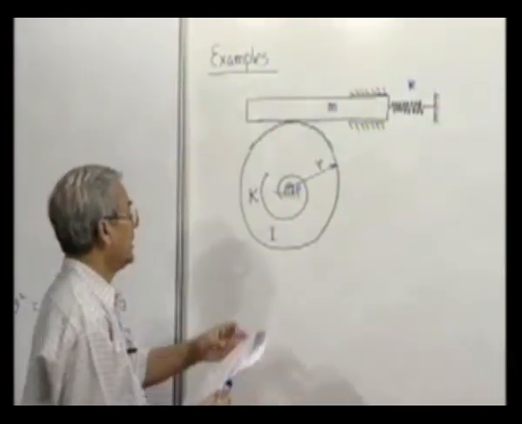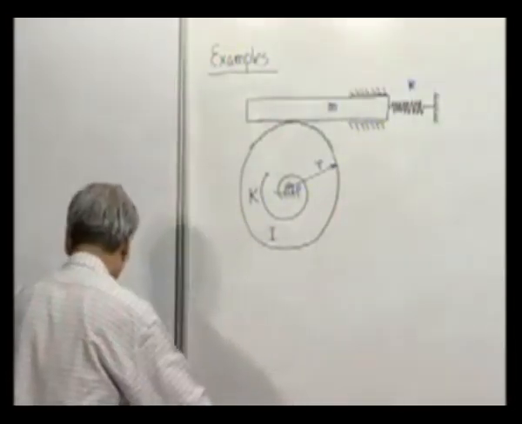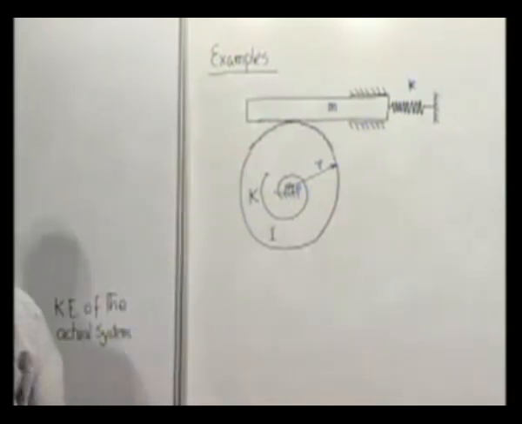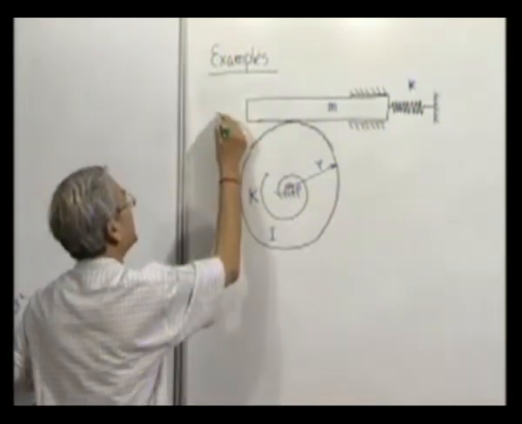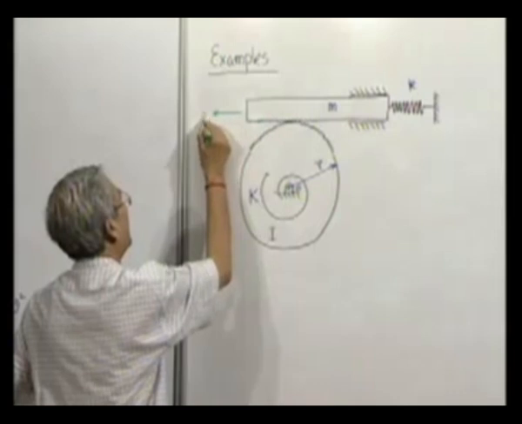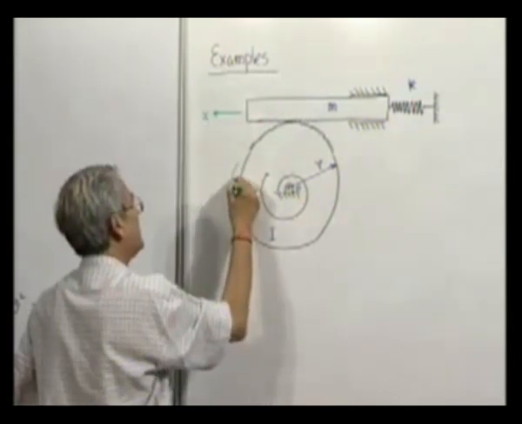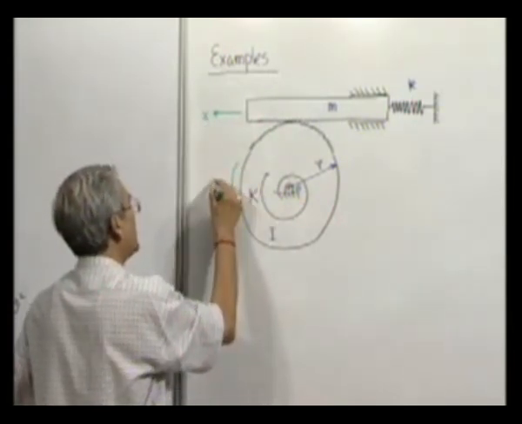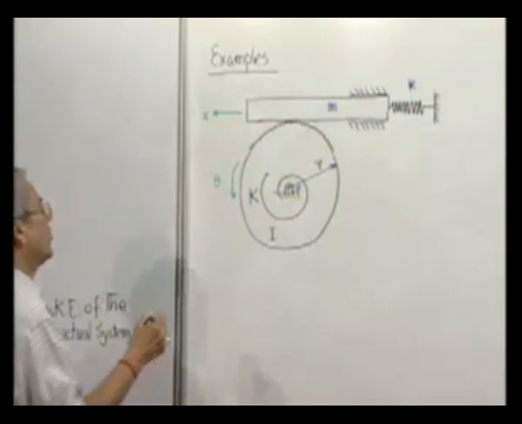One is moving in a linear direction, that means which is having displacement x, and another object which is having a rotation correspondingly, rotation theta.